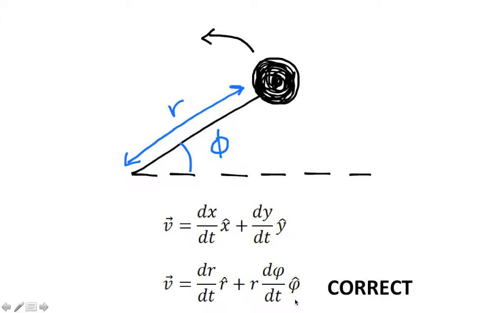The velocity should actually be the derivative of the radius times r hat plus the derivative of the angle times r phi hat. There's this funny extra r in the angular term.